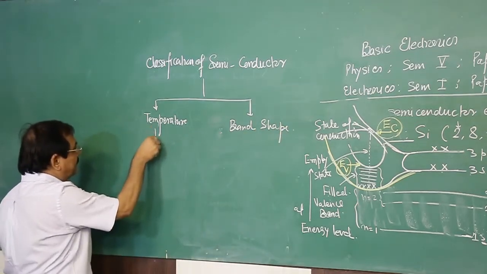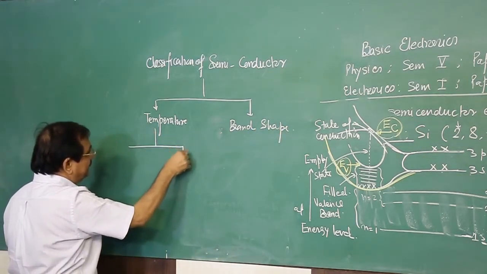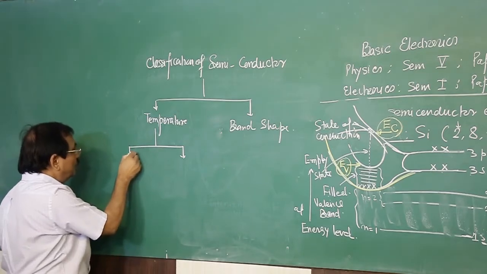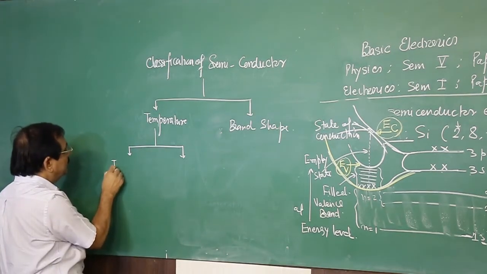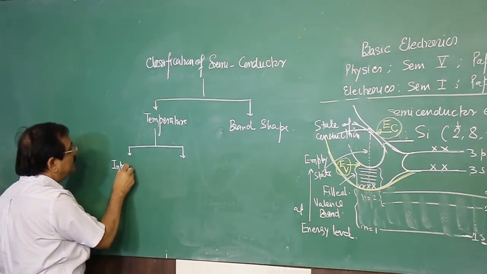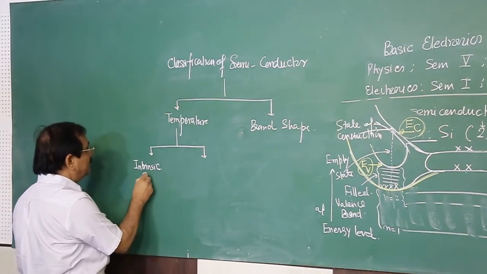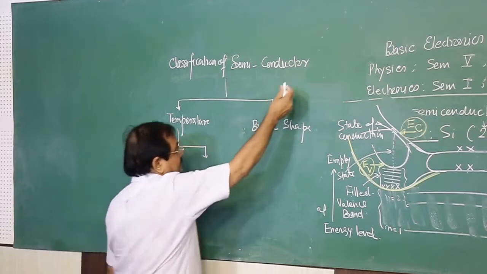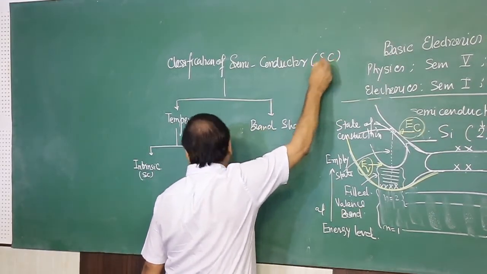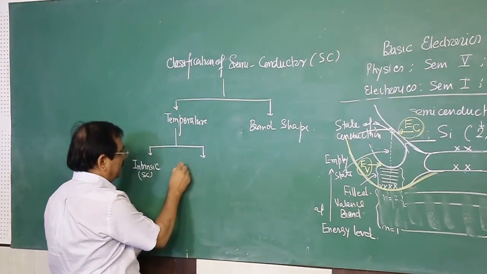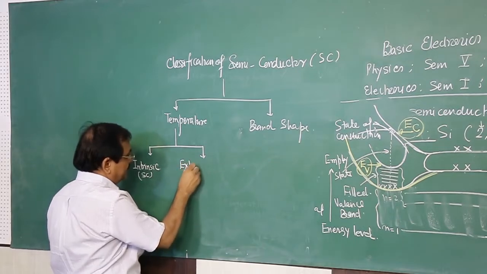On the basis of temperature, we can classify into two groups. One is known as intrinsic semiconductor, and the other is extrinsic semiconductor.